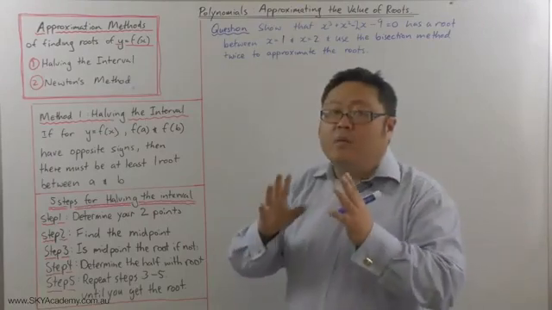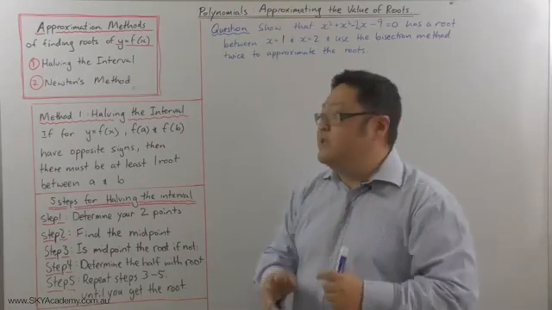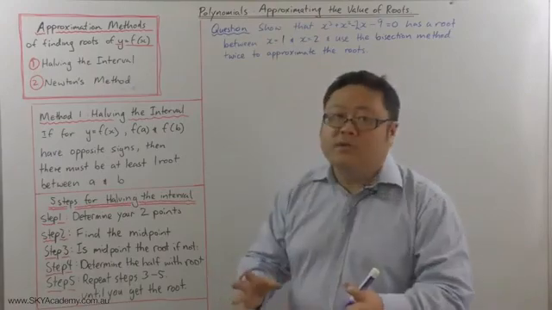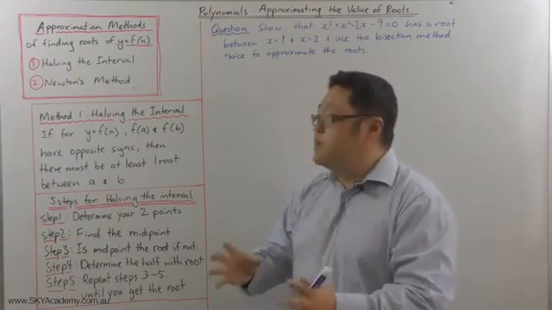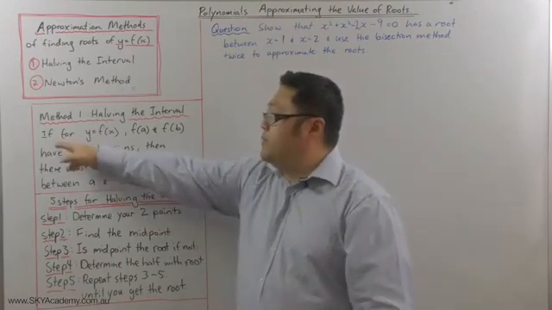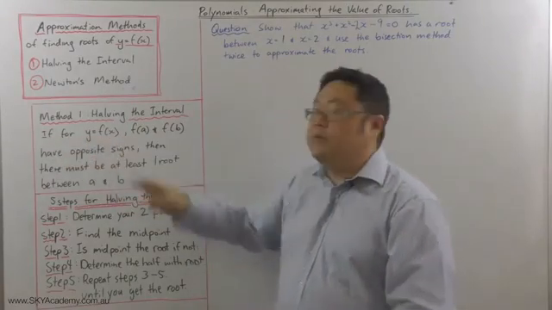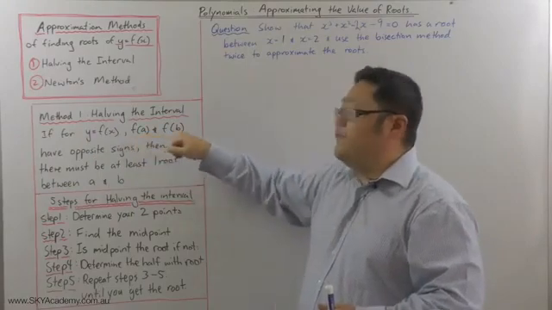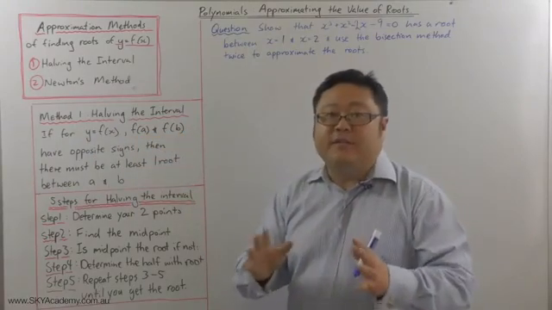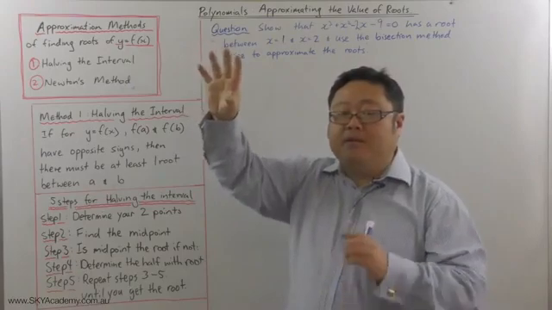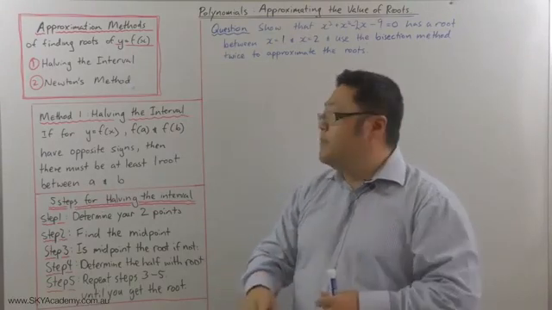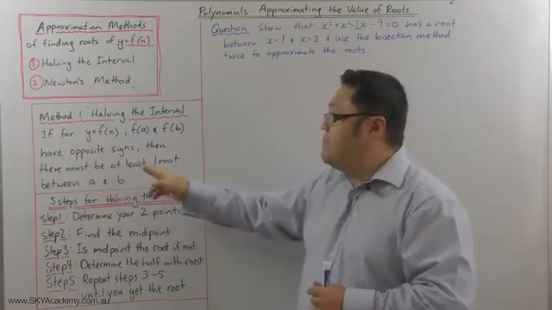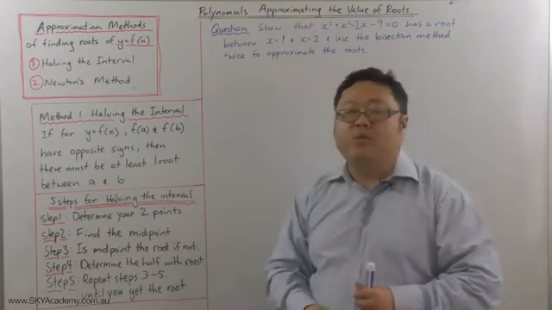Basically, the bisection method, or halving the interval method, follows this principle: if for y equals f(x), f(a) and f(b) have two totally different signs, one being positive and the other negative, then there must be at least one root between a and b.